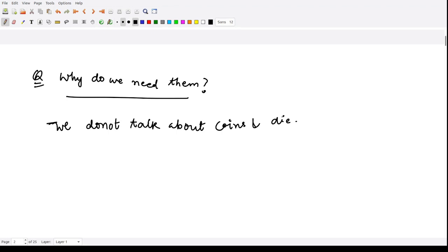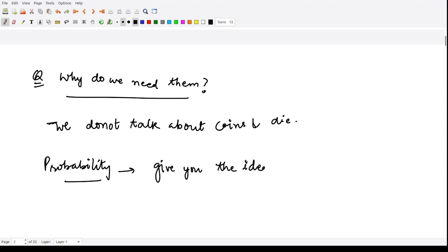What you are more interested in real life is to make certain kinds of predictions about something. So probability gives you the idea with which you can interpret things.